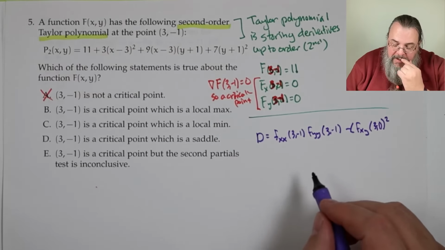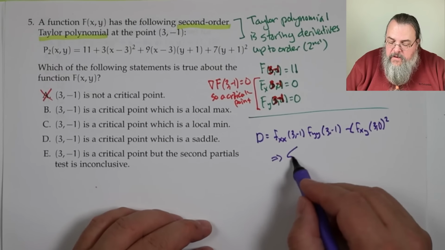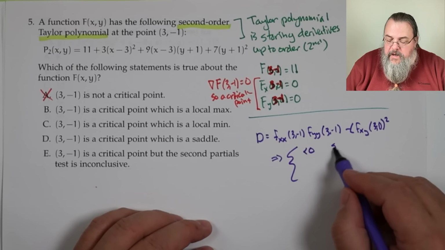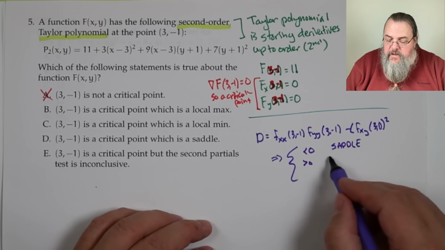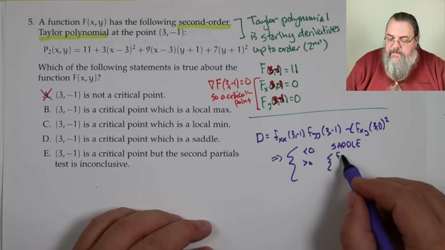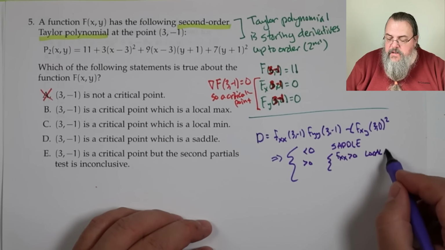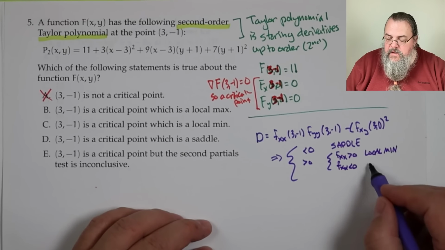If that quantity is negative, then we're at a saddle. If that quantity is positive, we split it into two cases. If fxx is positive, we're a local min. And if fxx is negative, we're at a local max.